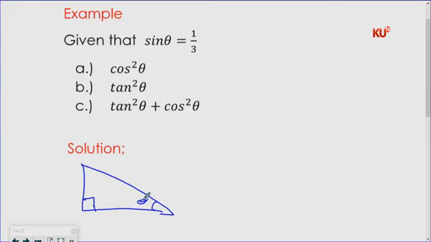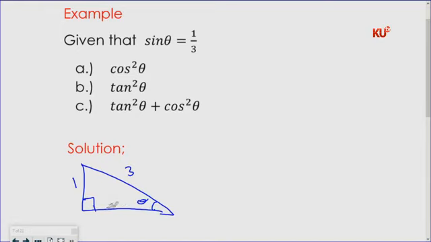Opposite side to this theta is this one here. So opposite is equal to 1. Hypotenuse is this one here, 3. So you can apply Pythagoras theorem to get this particular side.